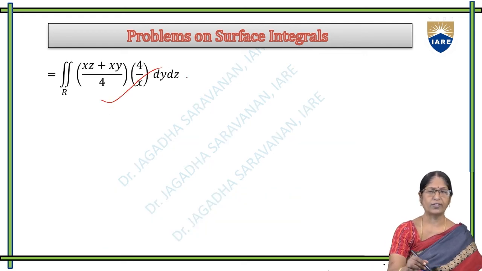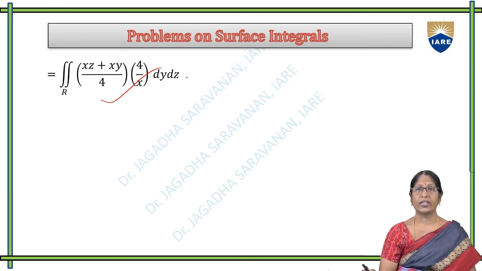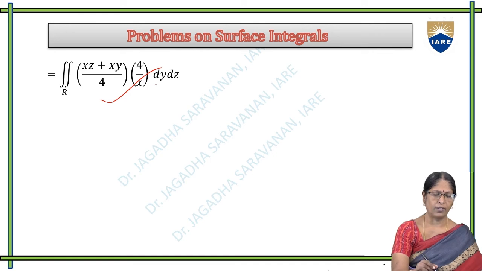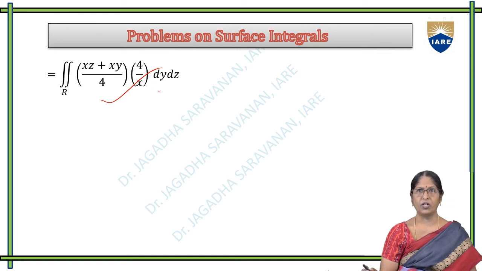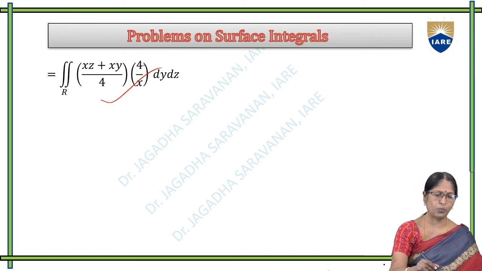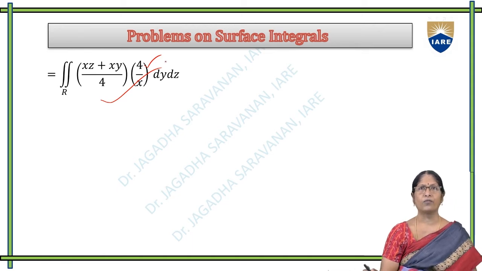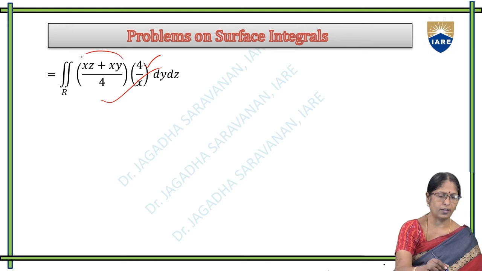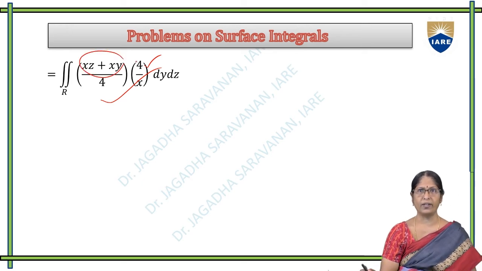So everything is substituted here. We obtained x by 4, but the term in the denominator is put in reciprocal form, 4 by x. And we notice that in this term x is common.